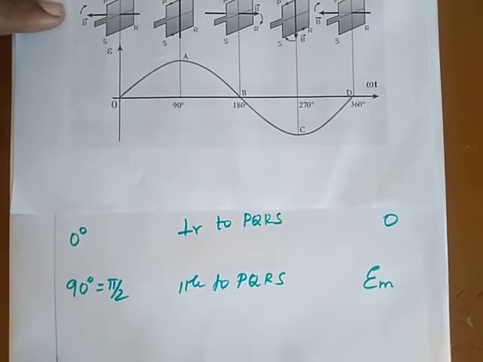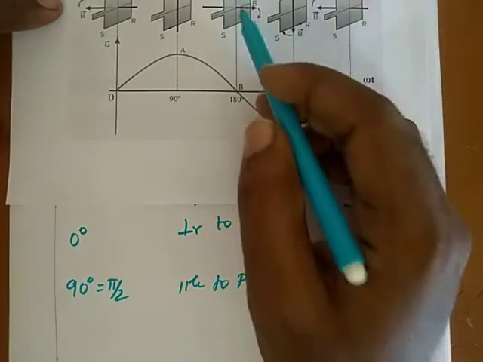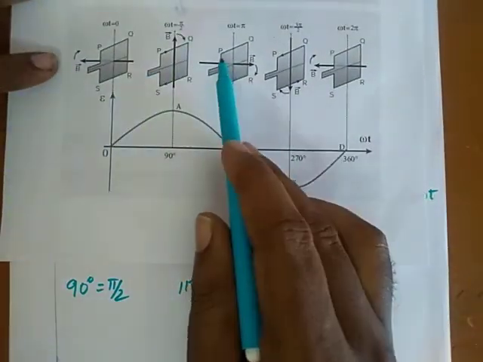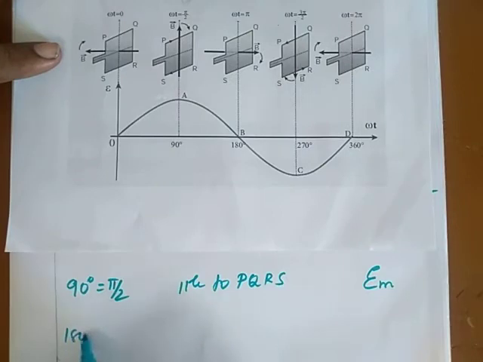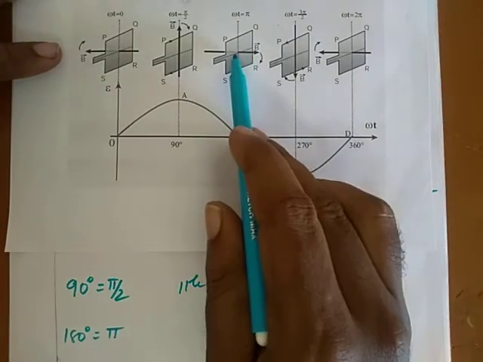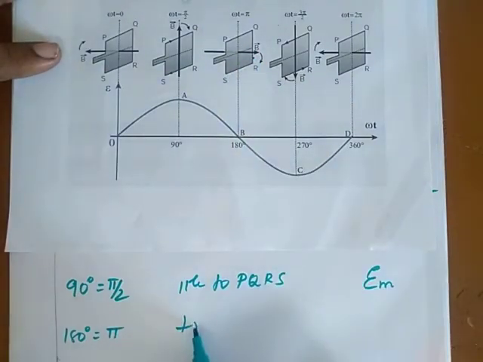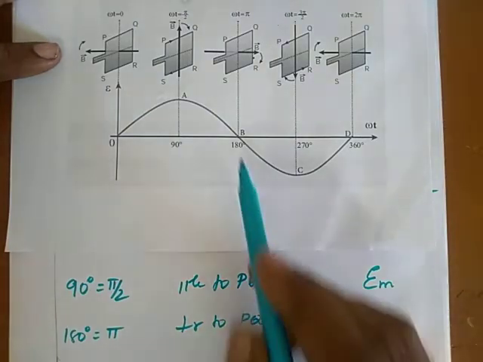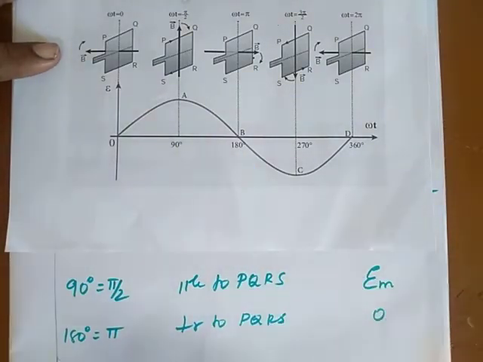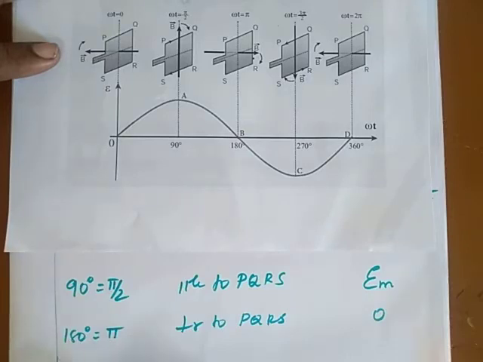Then next, further rotation to 180 degrees, that is pi. For that case the magnetic field is again perpendicular to the plane PQRS. For that case the EMF will be 0. Then next, 270 degrees from the initial position, that is 3 pi by 2.